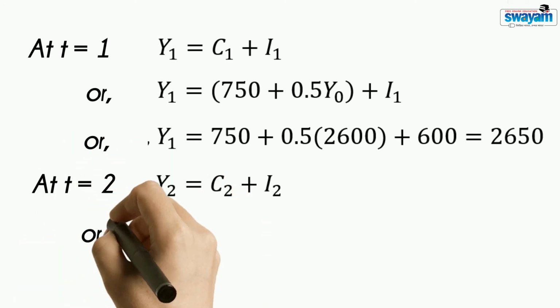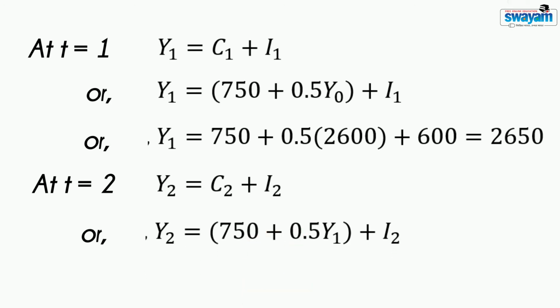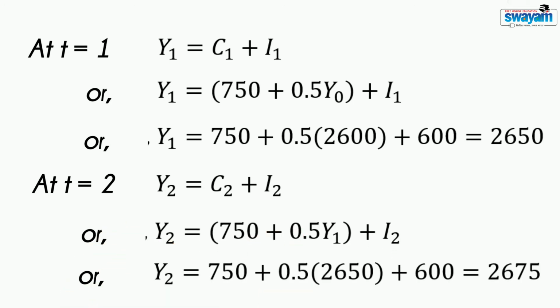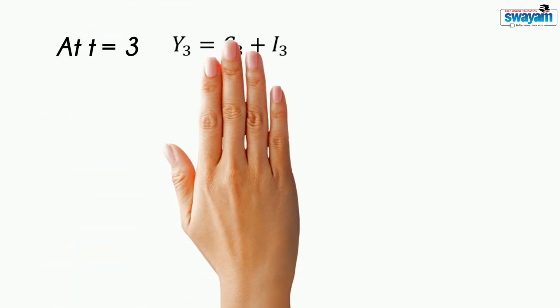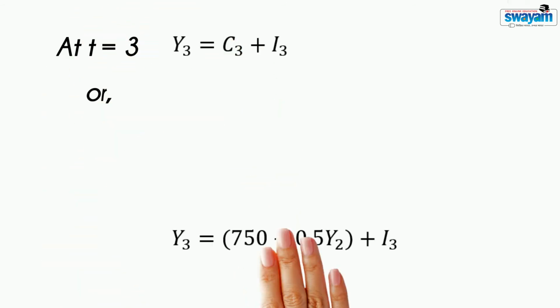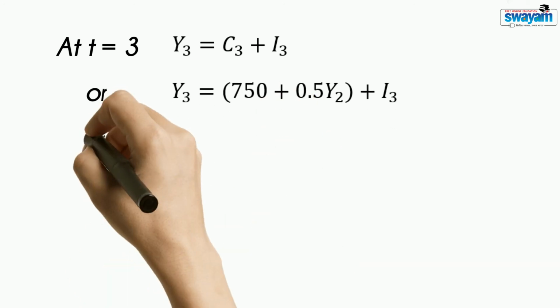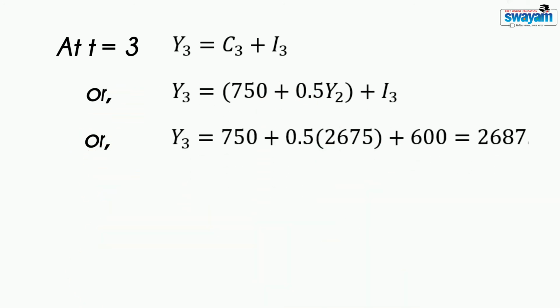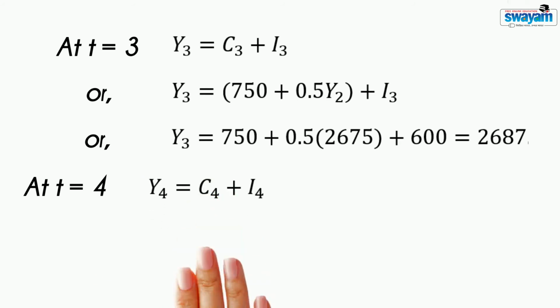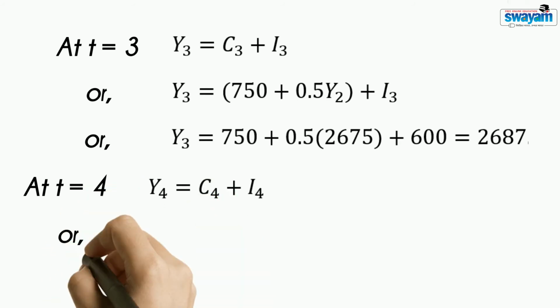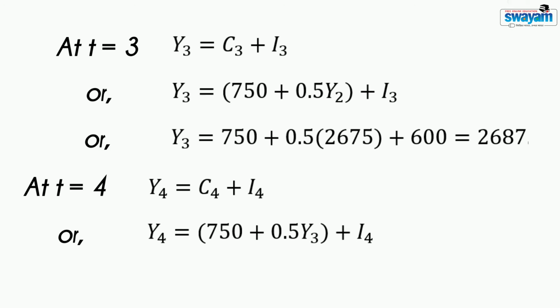At T equal to 2, Y2 is 2675. At T equal to 3, Y3 is 2687.5. At T equal to 4, Y4 is 2693.75.